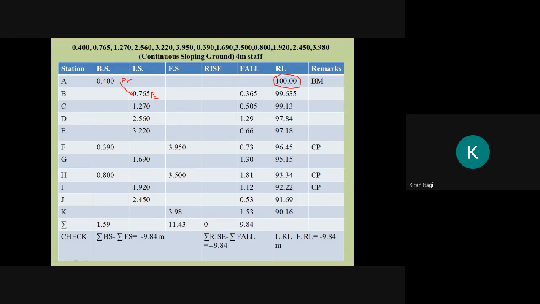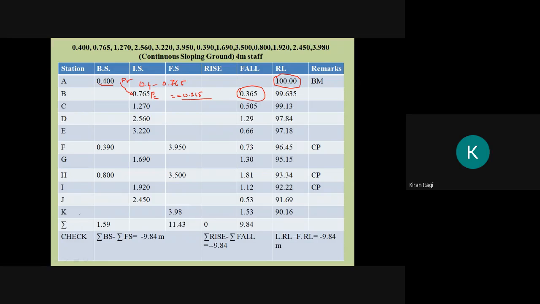Pichle wala, aage wala reading. What you do, just 0.4 minus 0.765. If you get positive, like 0.365, you have got 0.365. If you get a negative, then the ground will be falling.